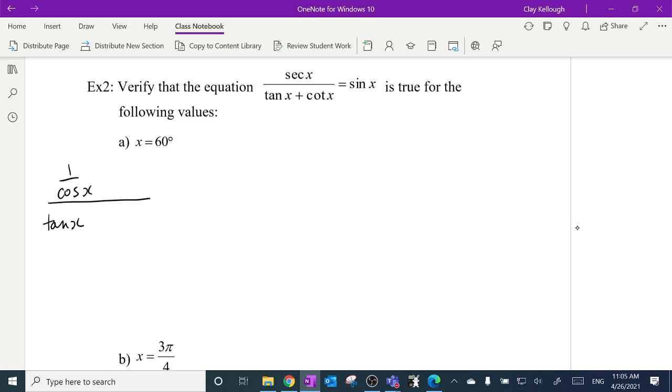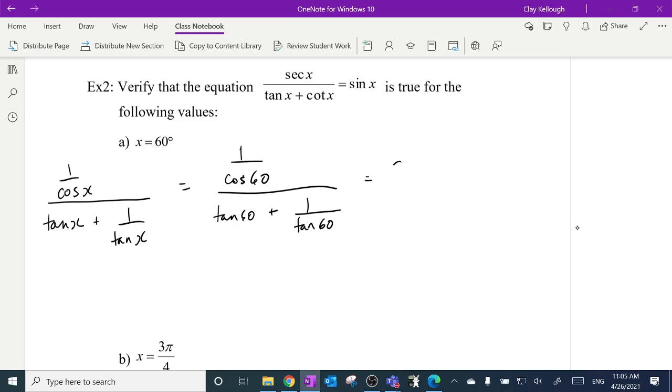And cotangent is 1 over tangent. All right, what is the cosine of 60 degrees? So let me put in the number first. That's 1 over the cosine of 60 degrees equals the tangent of 60 degrees plus 1 over the tangent of 60 degrees. And we have to prove that this is equal to the sine of 60 degrees.